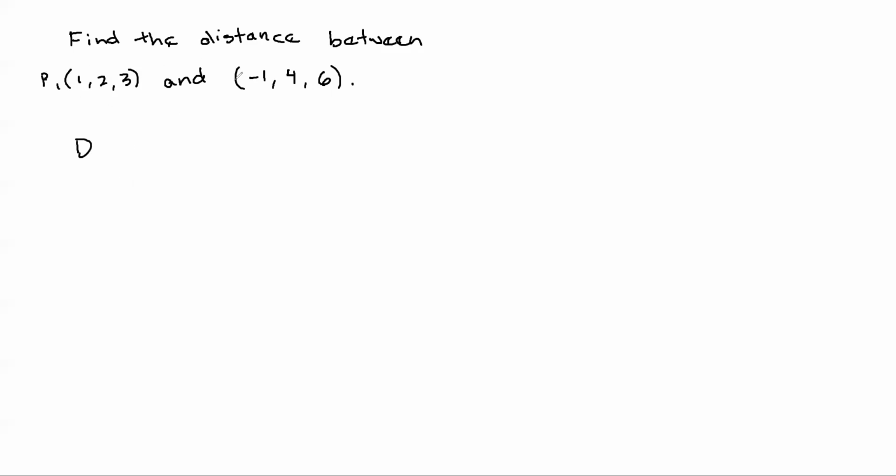We'll say this is P1 and P2, and the distance between P1 and P2 equals the square root. If this is P2, then it's going to be x2 minus x1, so we get -1 minus 1 squared, and then y2 minus y1, so we have 4 minus 2 squared, and then z2 minus z1.